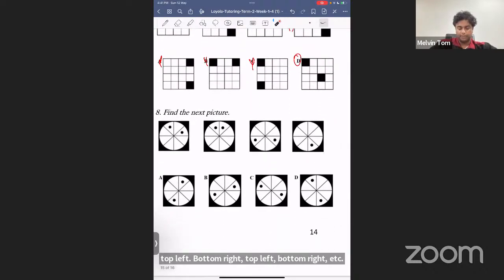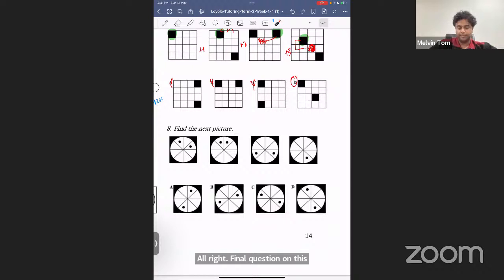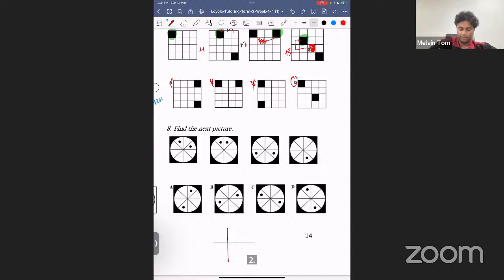All right. Final question on this page, question number 8. Let's draw the map. 1, 2, 3, 4. All right. So fill it in. 1, 1, 2, 2, 3, 3, 4, 4.